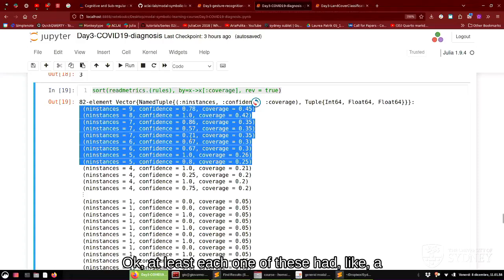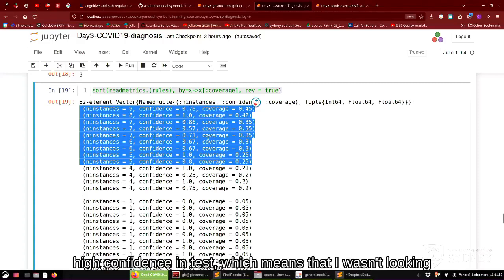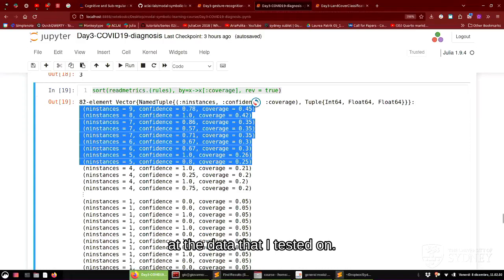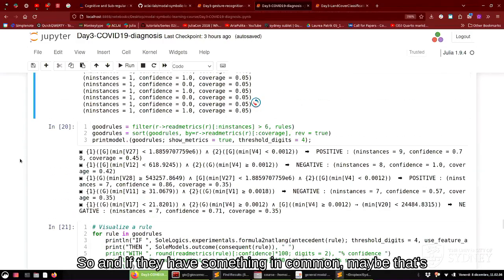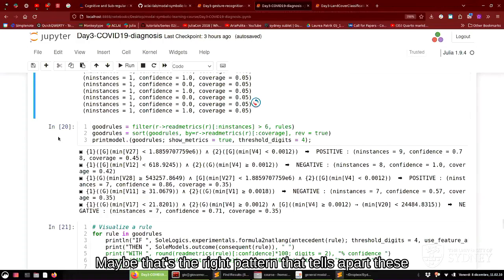At least each one of these had a high confidence in test, which means that I wasn't looking at the data that I tested on. And if they have something in common, maybe that's the right pattern that tells apart these two classes.